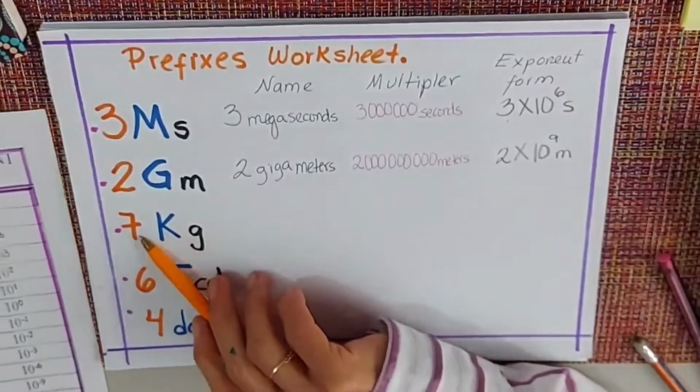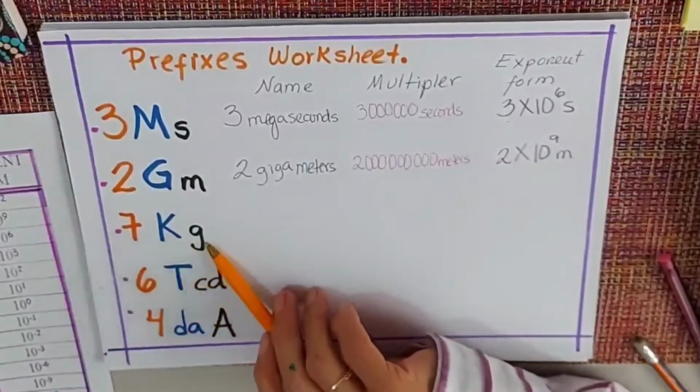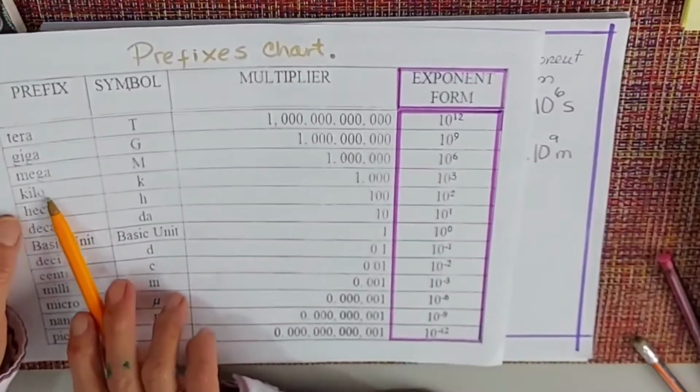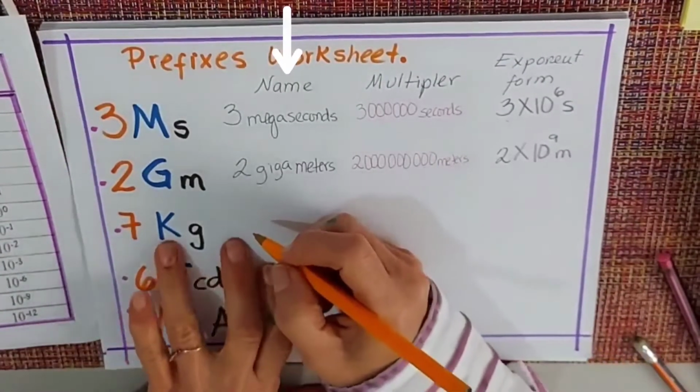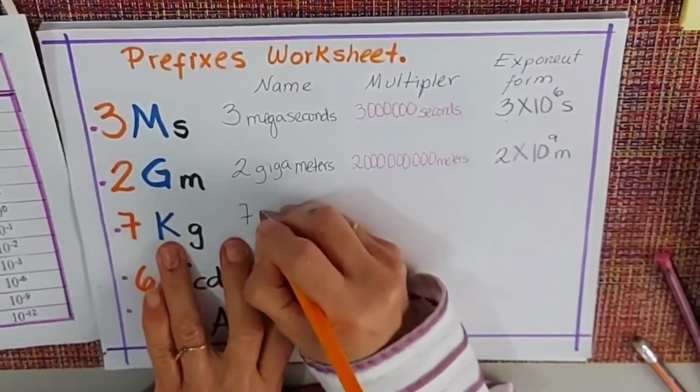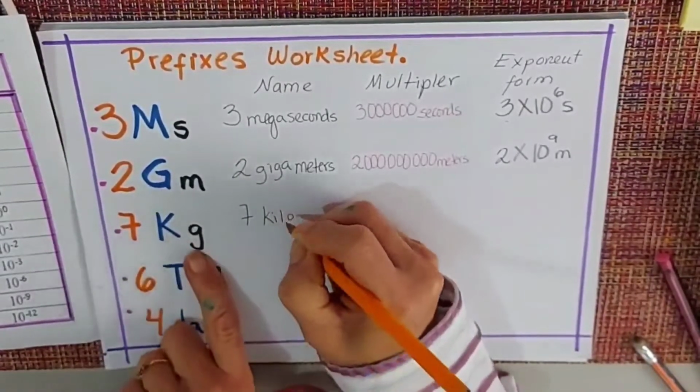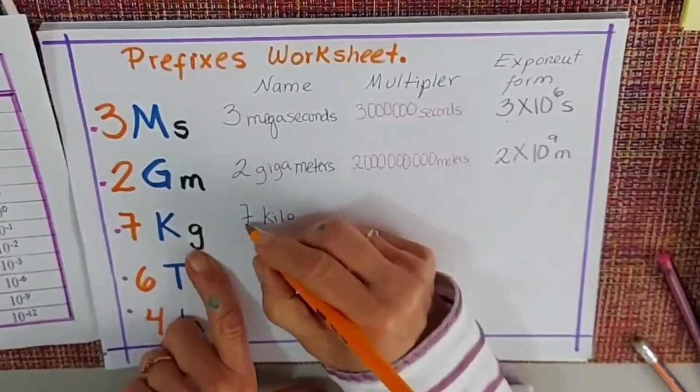Now, for this example, we have 7 kilograms, and the kilo is in this part with this letter. K is for kilo, 7 kilo. G, small g, is for gram, 7 kilograms.